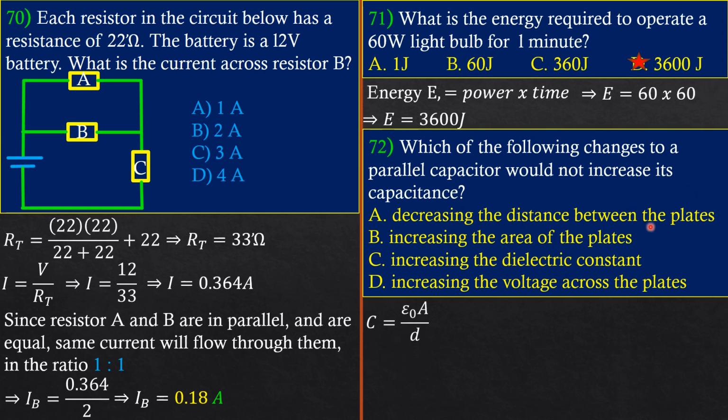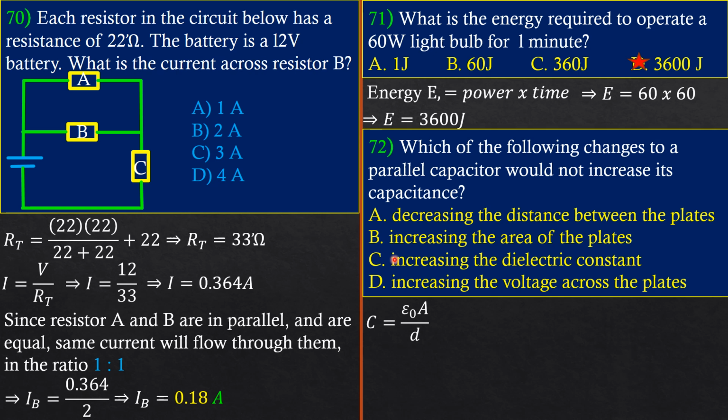Let's recall that the capacitance is related to the dielectric, area and the distance by the formula C equals epsilon 0 A over D. If we decrease D, it's going to increase C, right? But we want the case where it will not increase, so option A is not good. Option B, increasing the area, will increase the capacitance since they are directly proportional. Then option C, increasing the dielectric constant, will increase it since they are proportional.